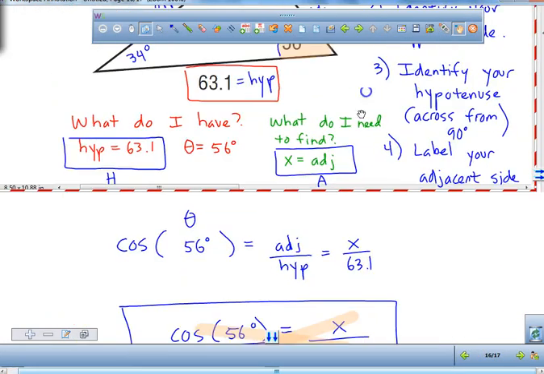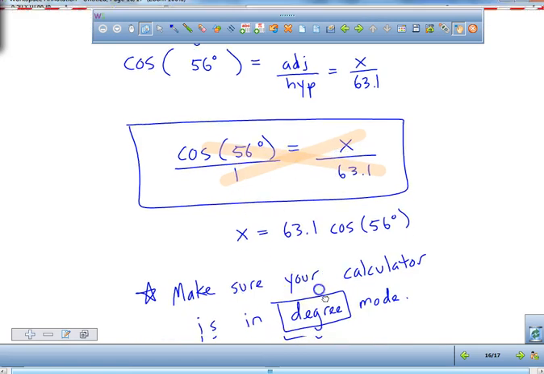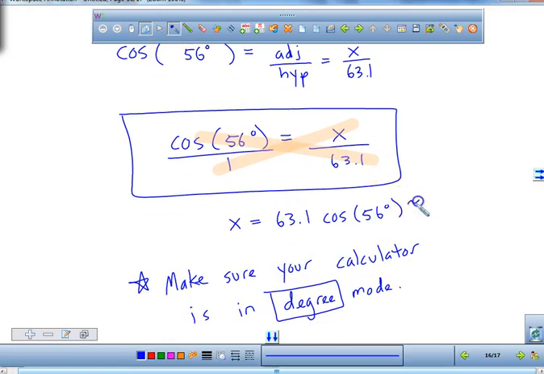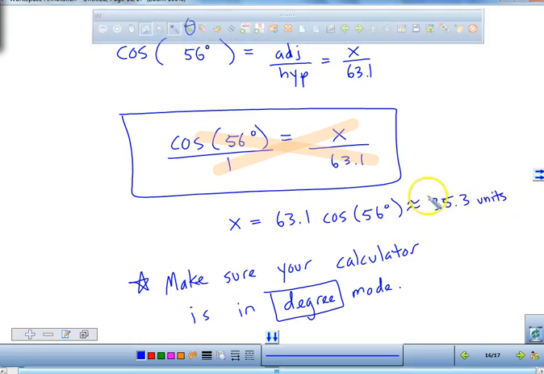So right now, what was x approximately equal to? 35.3. And since it didn't say the units, we say 35.3 units. It could be miles, feet, inches, we don't know. It's just in that right triangle. Okay? Your job is to do the rest on your own.